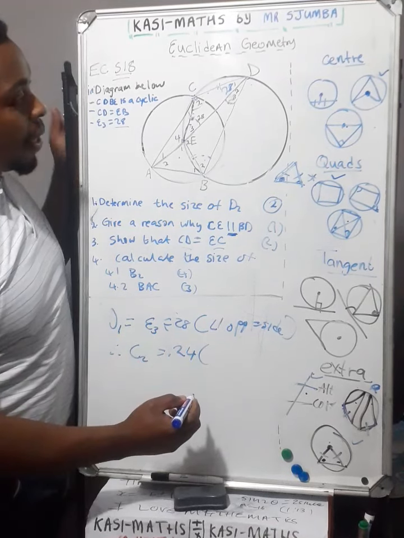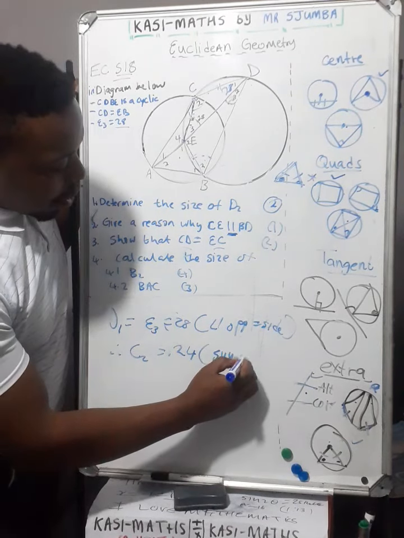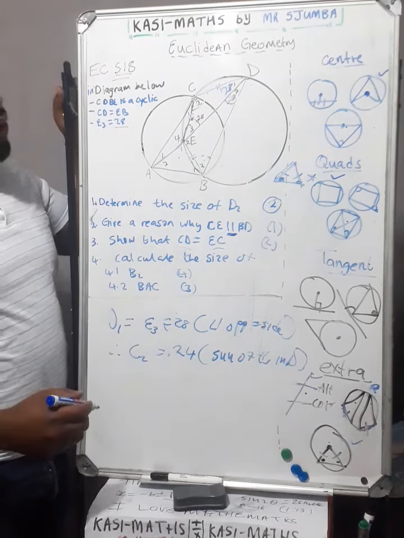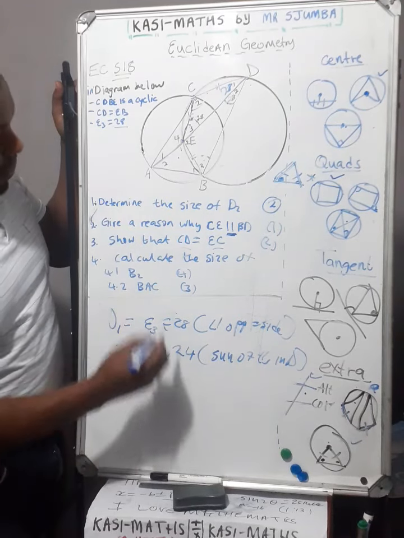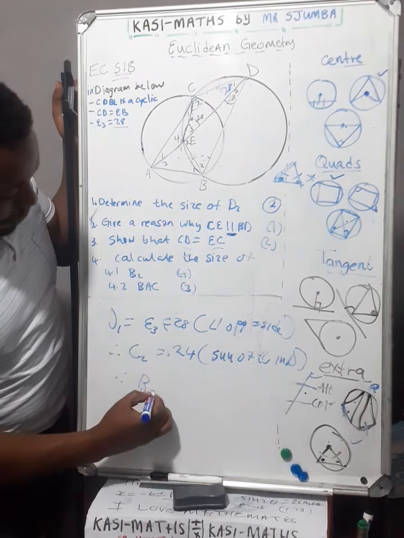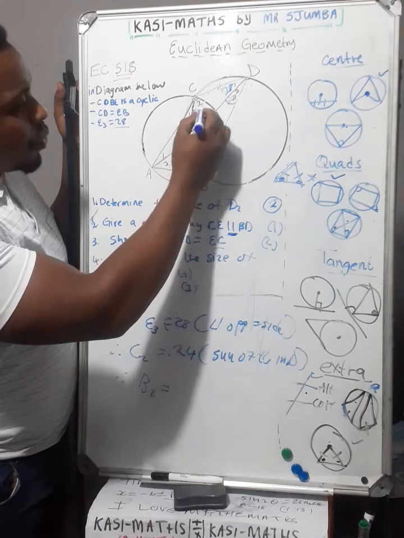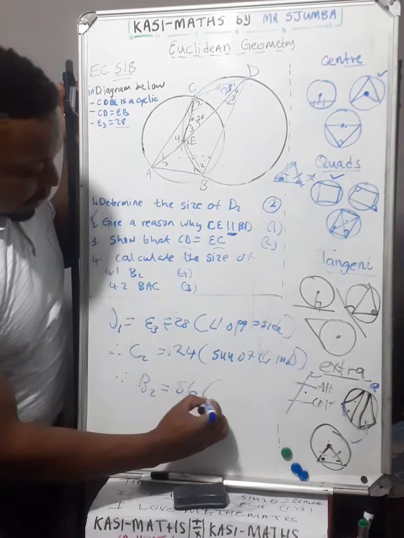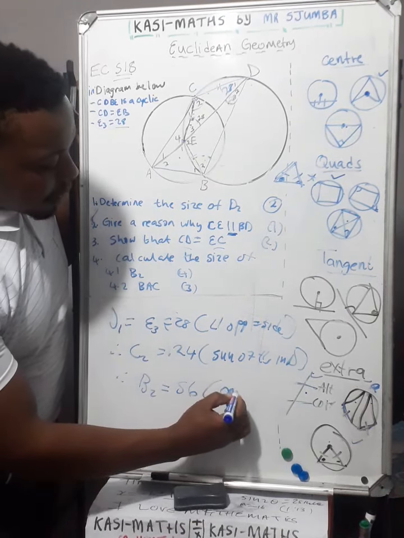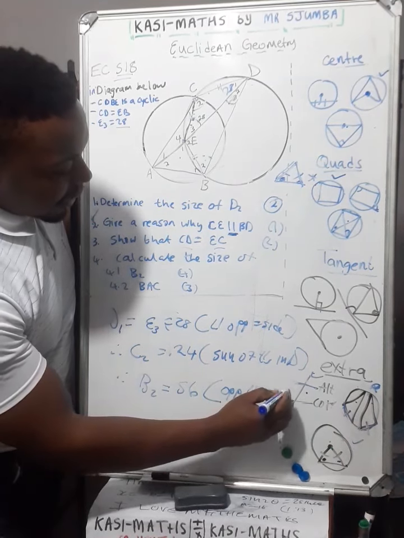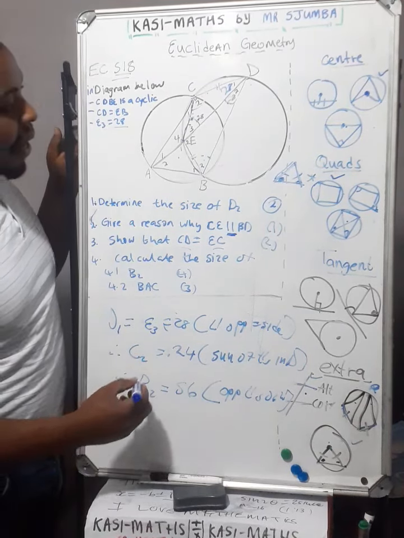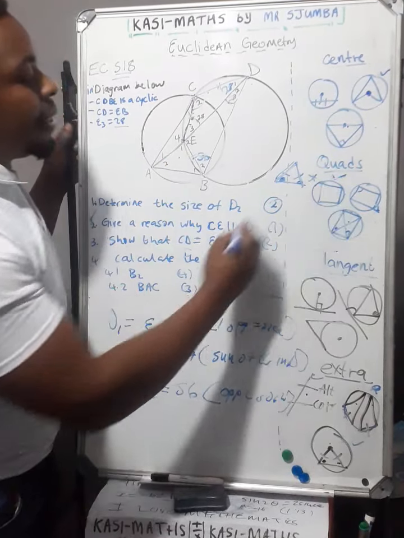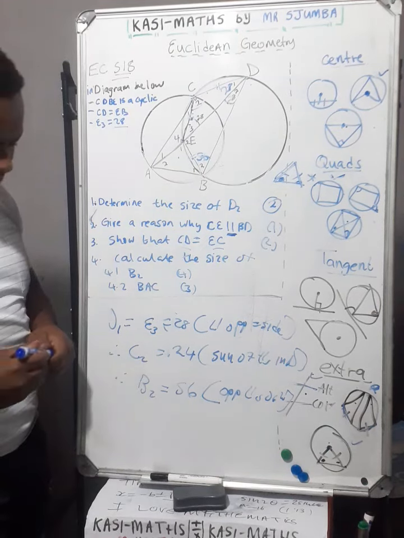The reason is sum of the angles in a triangle, right? Then here we can find B2. Therefore B2 will equal 56. The reason is opposite angles of a cyclic quad, right? We now know that we have this and this is 56, we have used the opposite angles, right?